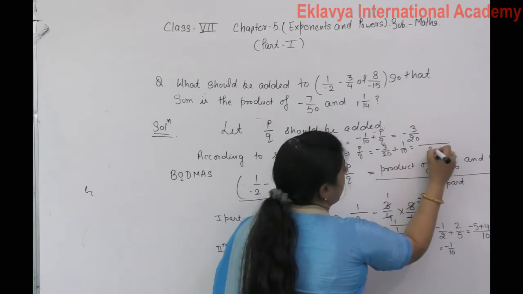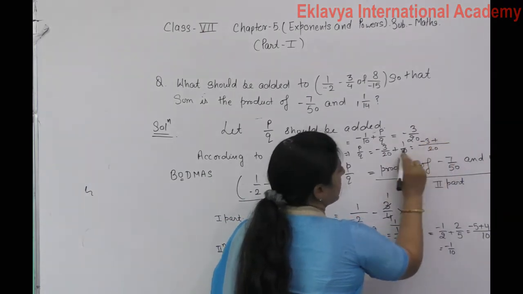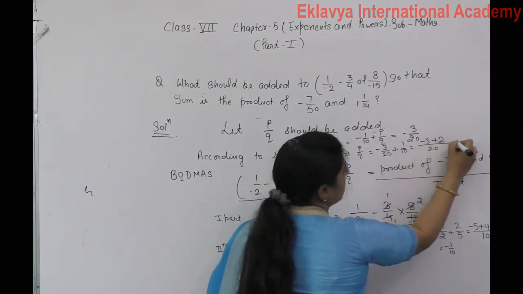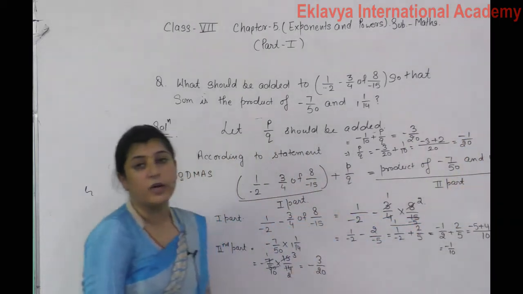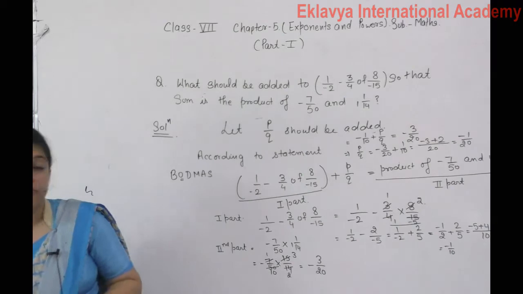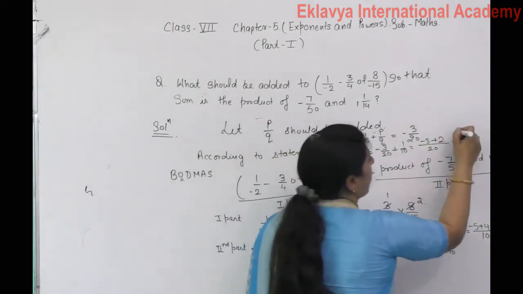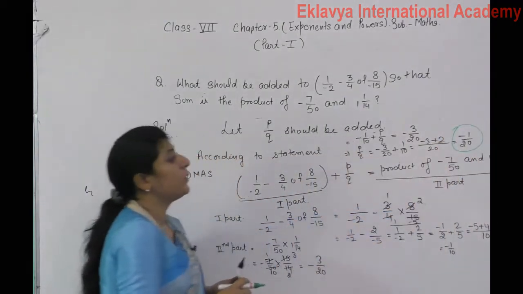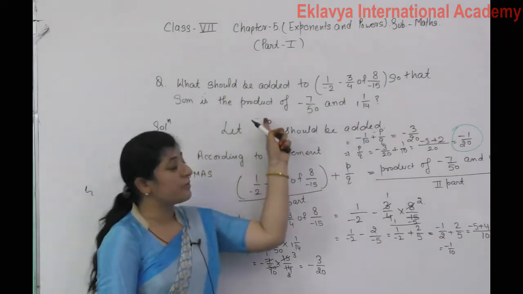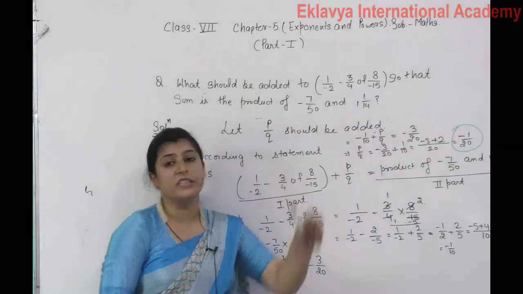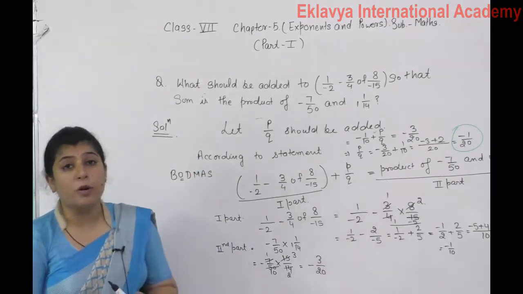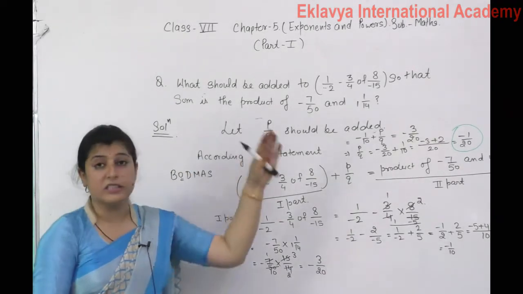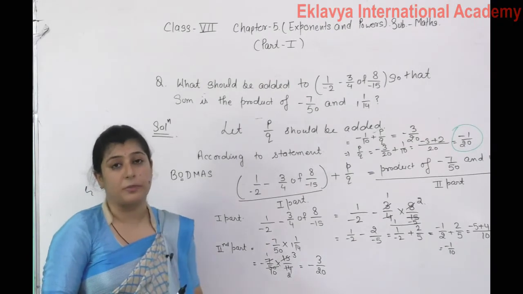LCM 20: minus 3 plus 10 twos are 20, 2 ones are 2. That answer is minus 1 by 20. It means if we add minus 1 by 20 to this value, then our sum is equal to the product of these two values. So in this type of question, apply BODMAS, then solve step by step.